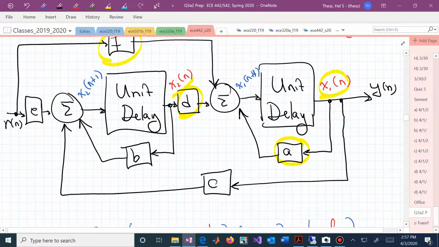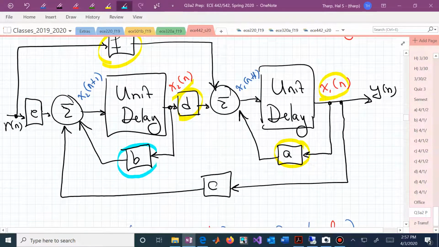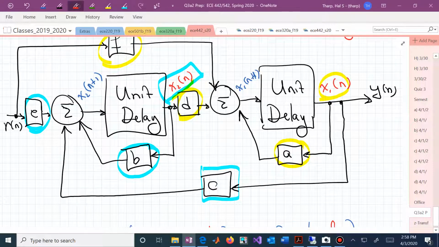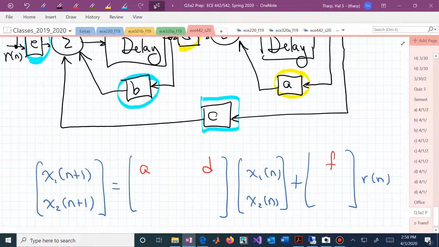Similarly, we can now say that x sub 2 of n plus 1 is going to become b times x sub 2 of n, c times x sub 1 of n, plus e times r of n. I then said that that was b times x sub 2 of n, c times x sub 1 of n, and e times r of n.